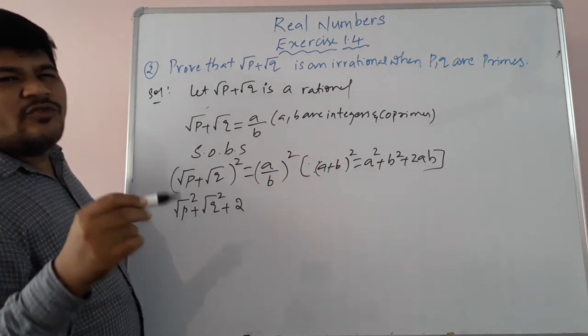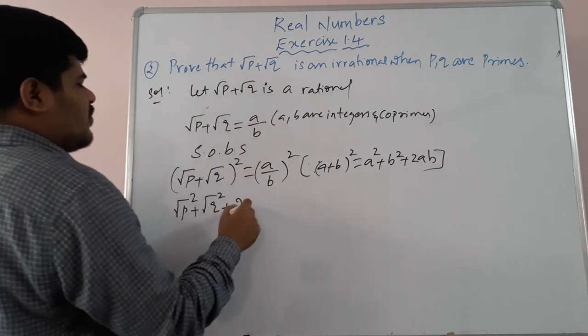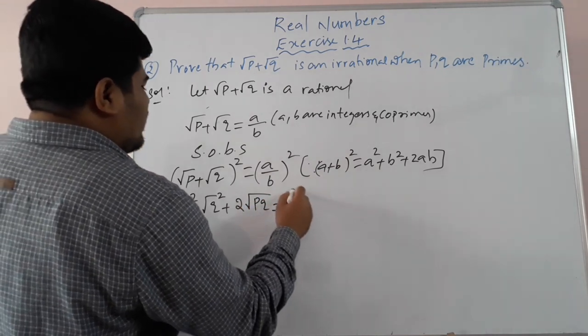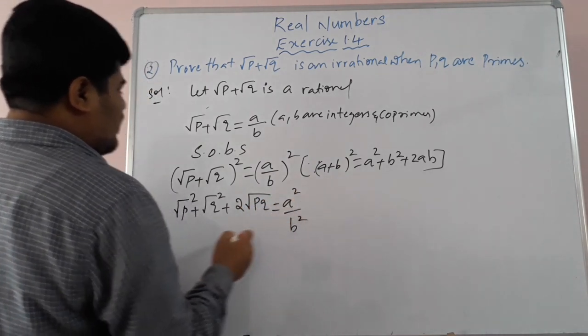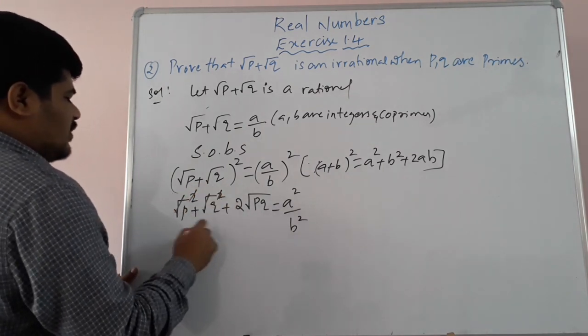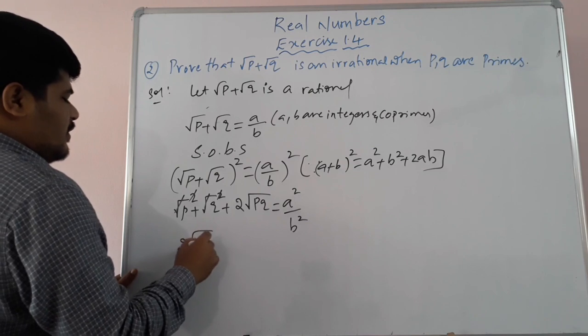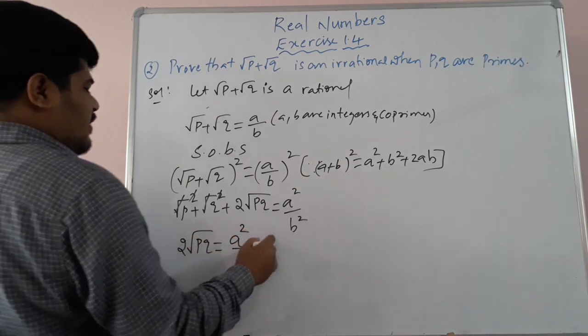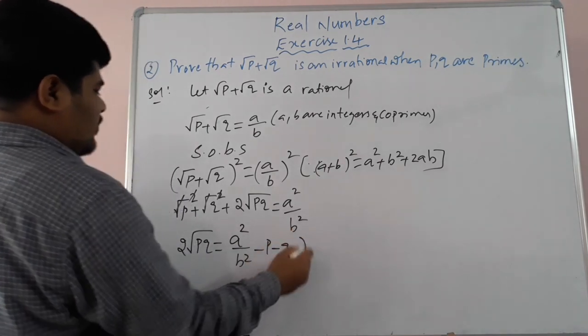Root x into root y is root of x into y, so root p into root q we can write as root of pq. That is equal to a square by b square, children. Now the square roots cancel. 2 root of pq is equal to a square by b square minus p minus q after transposing.